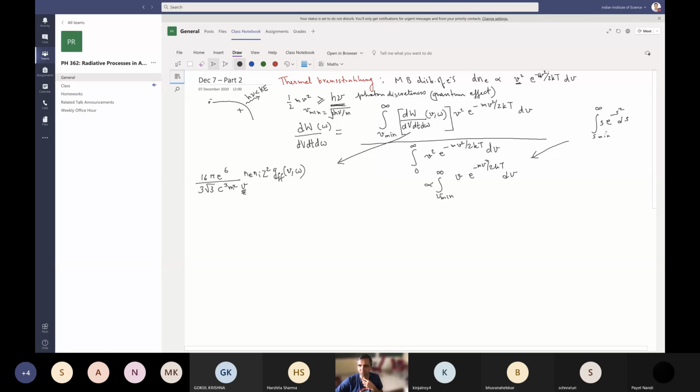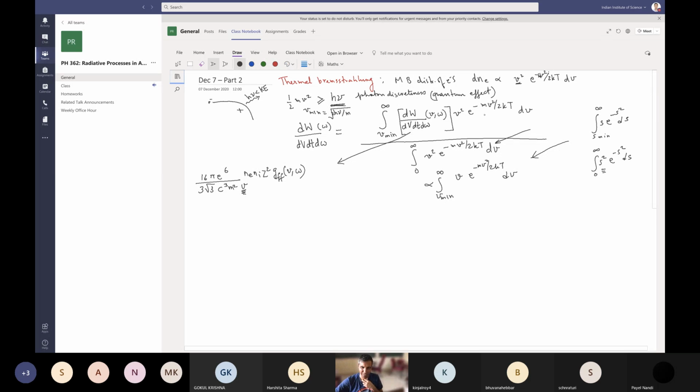This is an e to the minus t dt type of integral. So this is easy to do. These are the standard s squared e to the minus s squared ds type integrals. When you do e to the minus s squared ds, you also learn to do these.